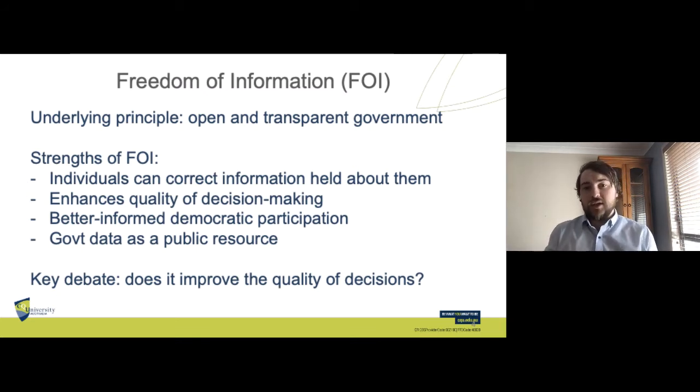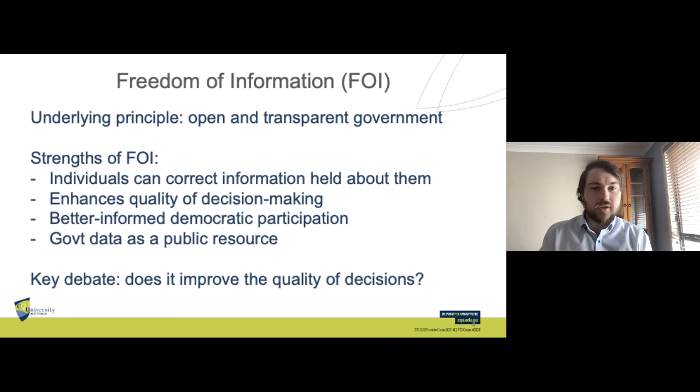So information broadly is increasingly thought of as a resource. And so information collected by the government is thought to be an important resource that should be open to everyone to access, with some limits that we'll talk about.